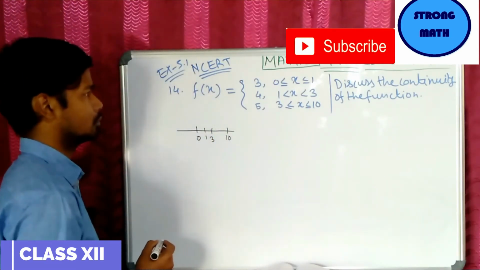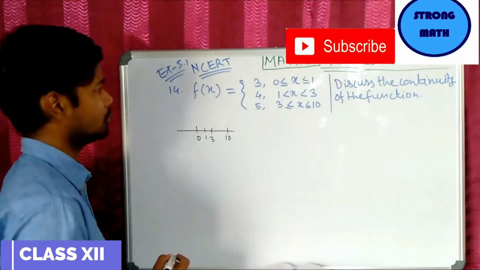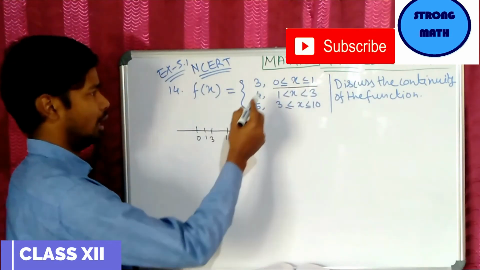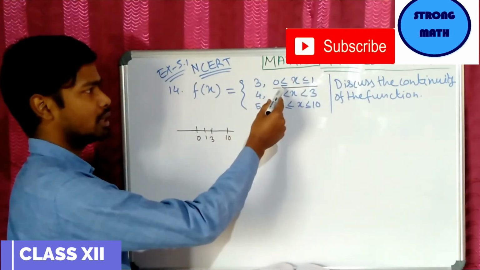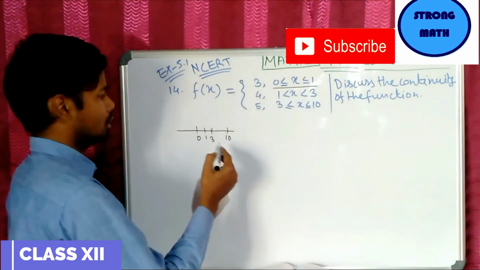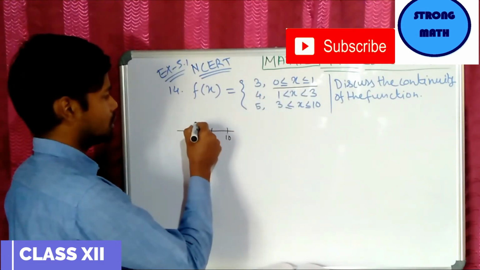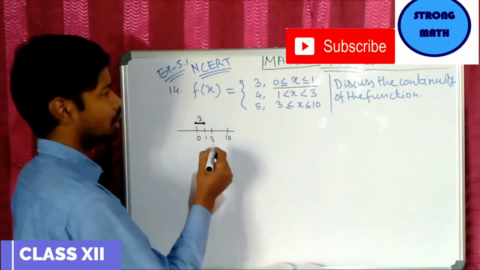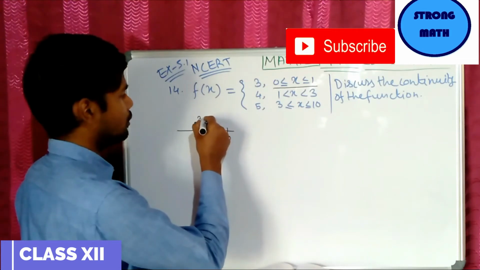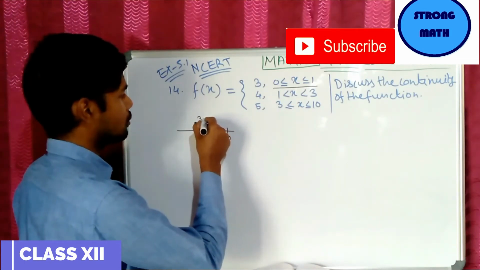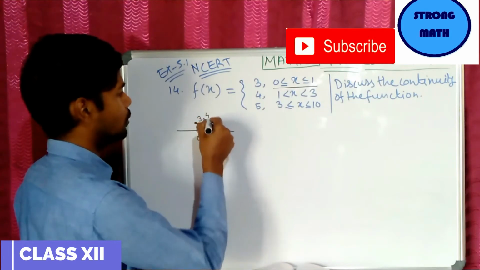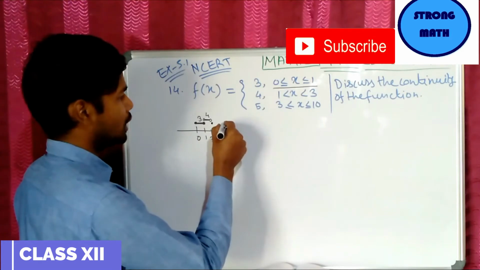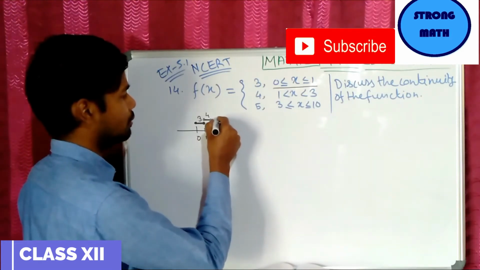Now the function lies in between 0 and 1, and 0 and 1 are included because there is the equal sign, so from 0 to 1 including 0 and 1, the functional value is 3. In between 1 and 3, excluding the points 1 and 3, the value is 4. Including the points 3 and 10, the value is 5.